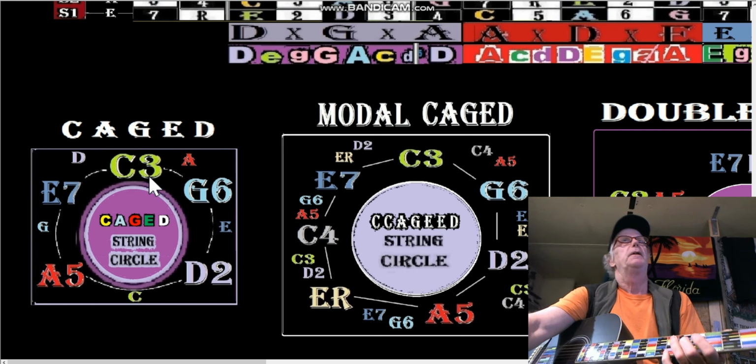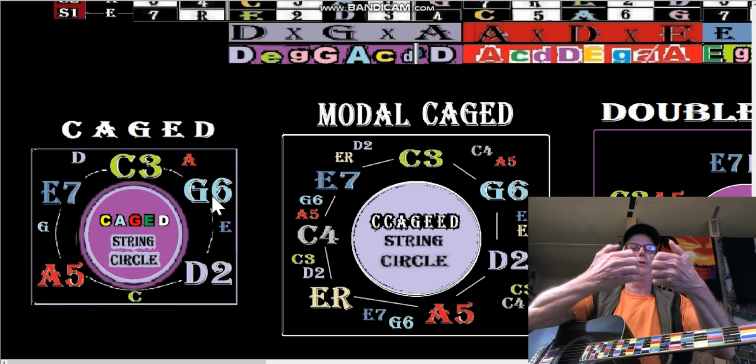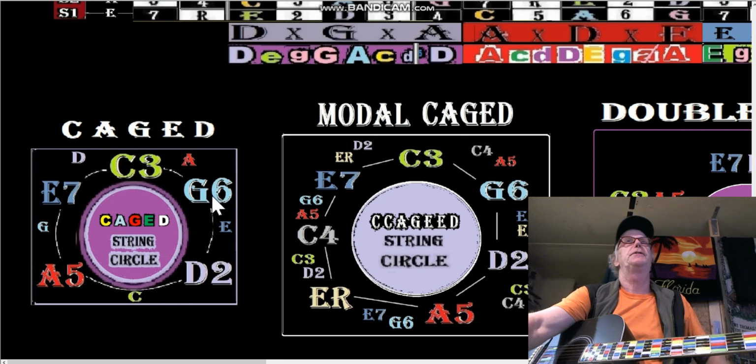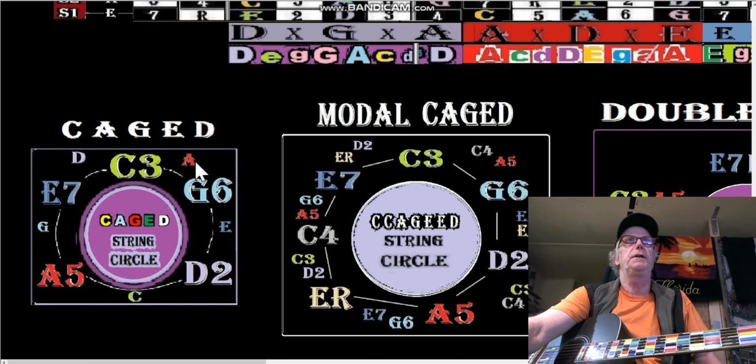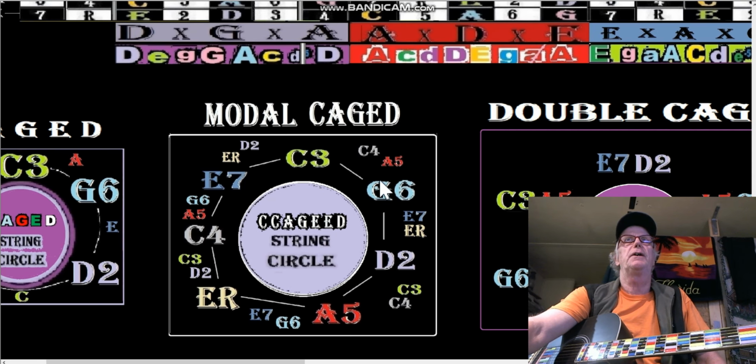The fifth of C is G, so there's no note sharing there, but there's still an A position in between, and you spell the word cage, C-A-G-E-D. So we go two scales to get around one turn of the cage circle. We go three scales, C3, C3, C3, to get around one turn of the KG system.